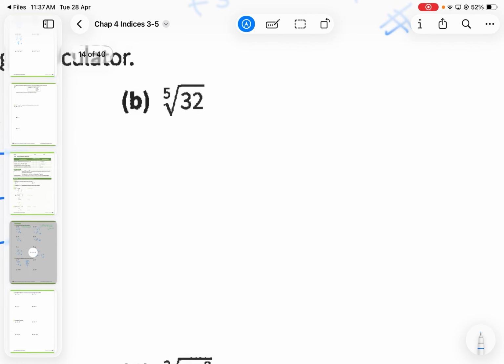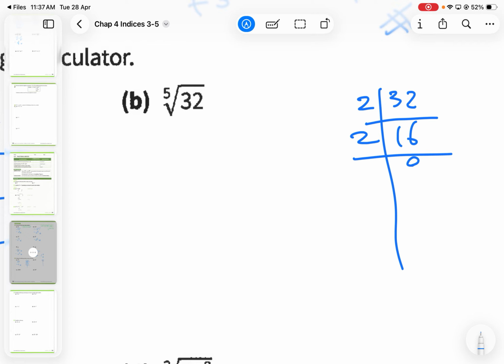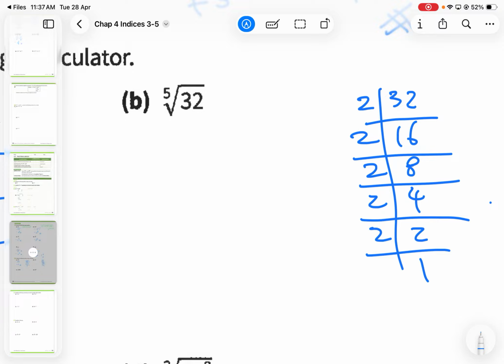Similarly here, what is 32? If I don't know, I do prime factorization. Can divide by 2. Can divide by 2. Can divide by 2. Can divide by 2. Can divide by 2. So 32 is actually 2 to the power of 5.